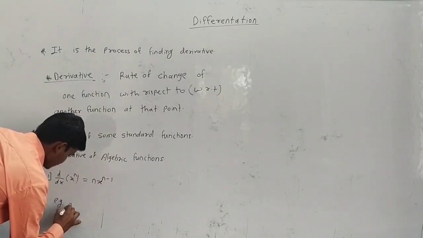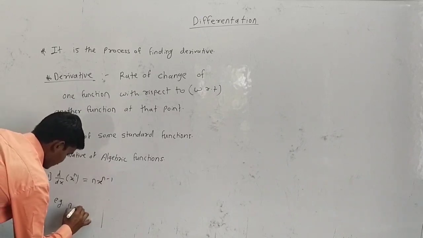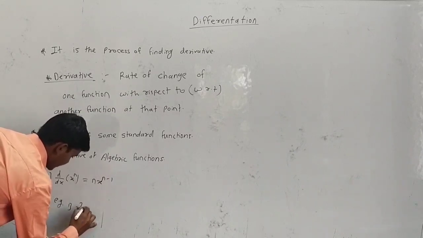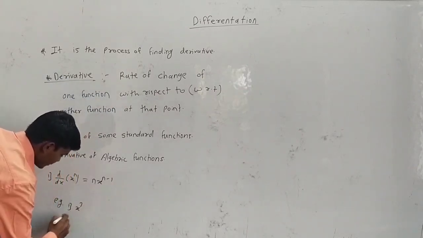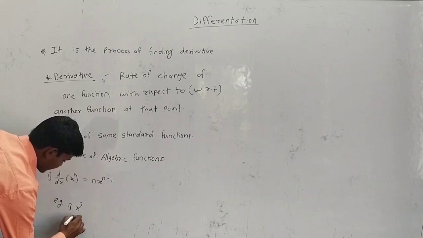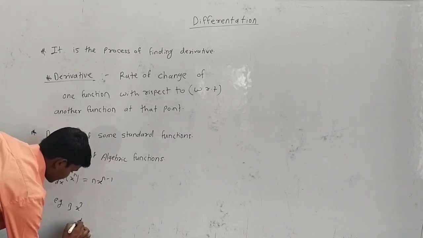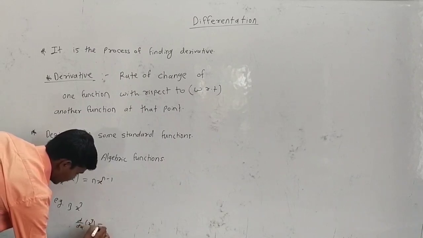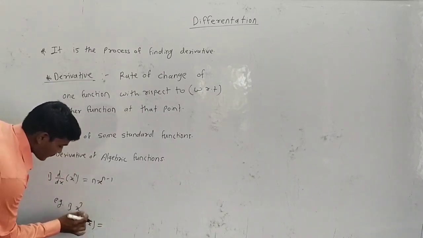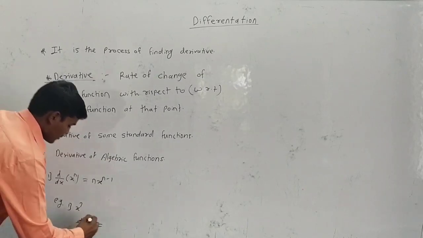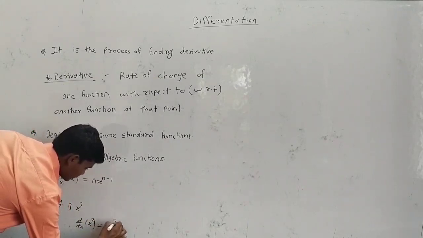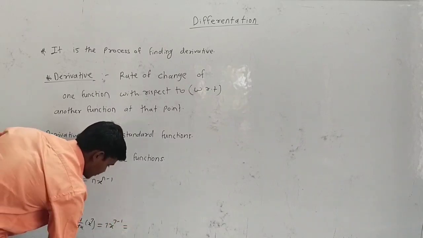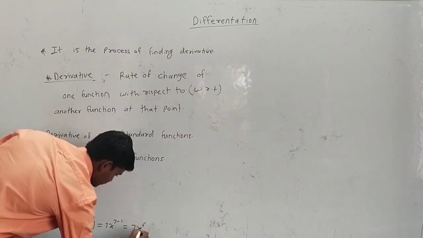Example first. y equals x raised to 7. Then dy/dx of x^7: take the power at the front, that is 7, x raised to 7 minus 1, which equals 7x^6.